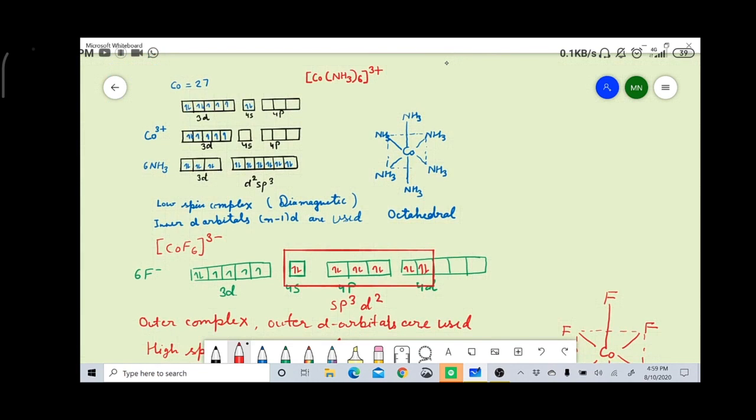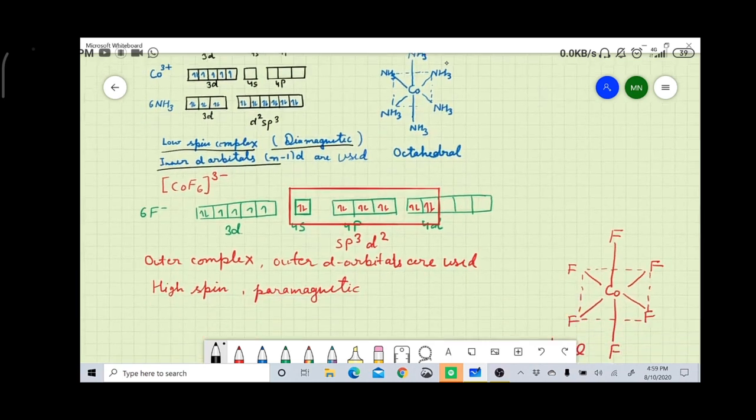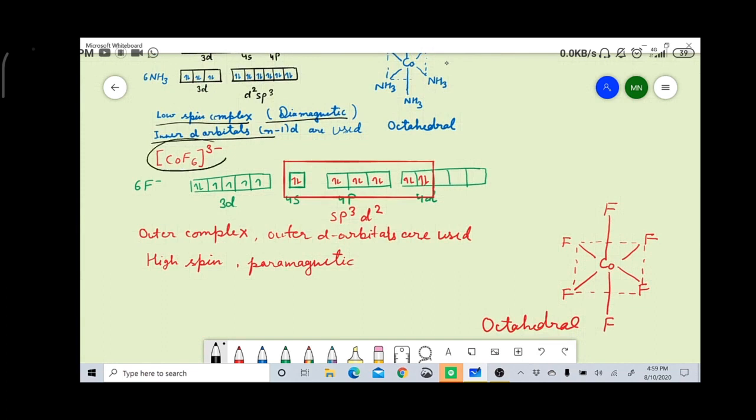In the first case, in the hexaamine cobalt complex, 6 amine ligands cause the pairing of electrons and cause the formation of inner and low spin complex, whereas in the second example, fluoride ligands cause outer complex and form high spin complex. So these are the ligands which determine the type of complex, whether it would be inner complex or outer complex.